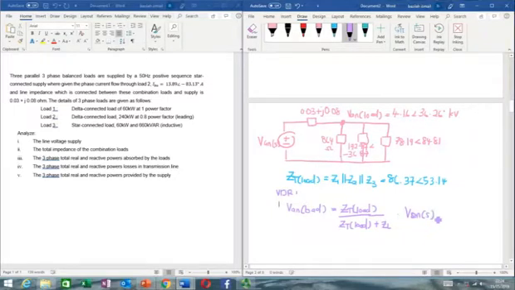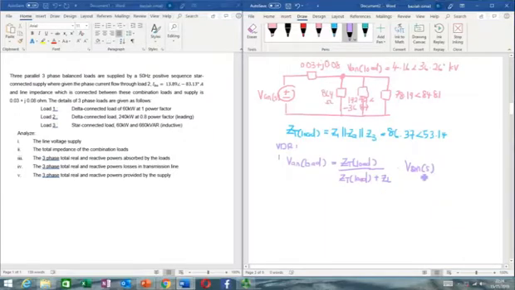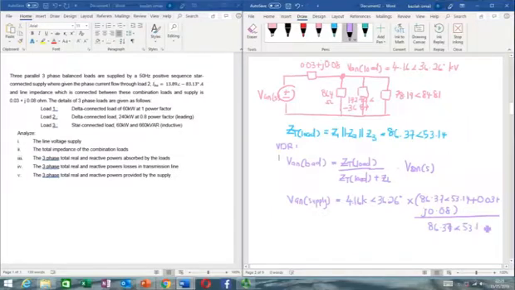Since we want to look for the supply voltage, VAN supply equals VAN load, which is 4.16k angle 36.26, multiplied with Z load 86.37 angle 53.14 plus Z line 0.03 plus j0.08, divided by Z load 86.37 angle 53.14.